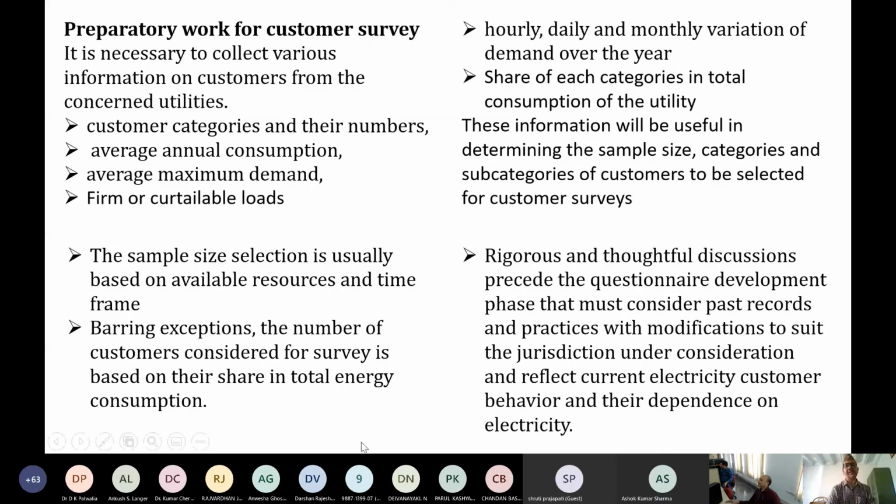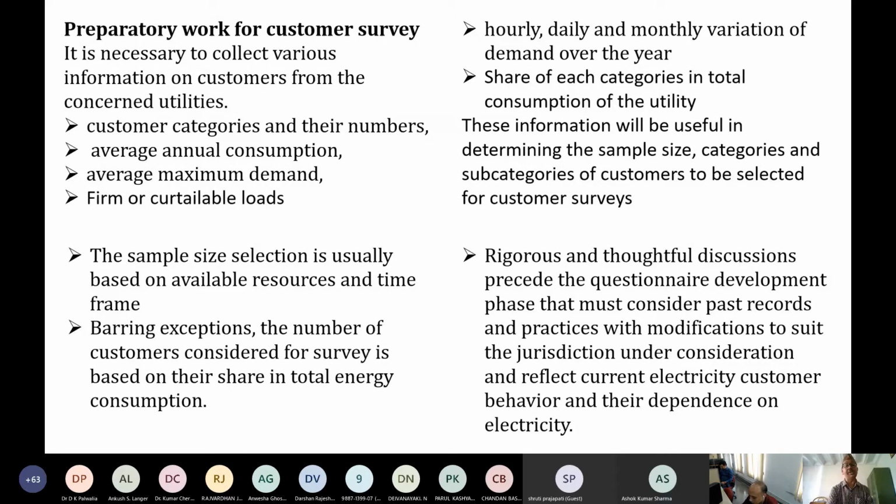And rigorous and thoughtful discussions precede the questionnaire development, because the questionnaire development phase is a very important phase. These questionnaires have to be prepared in such a way that they are able to extract information from the customers, and the customers should not feel that they are investing unnecessary time when filling out these questionnaires for the customer survey.